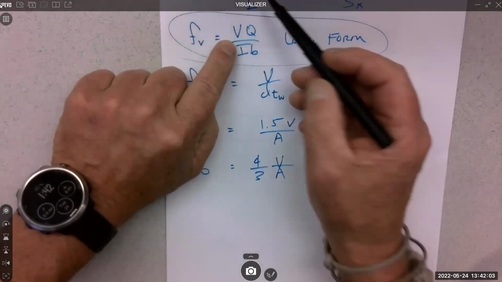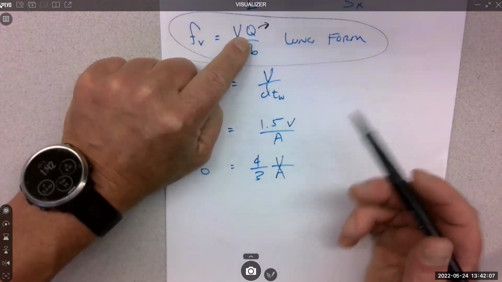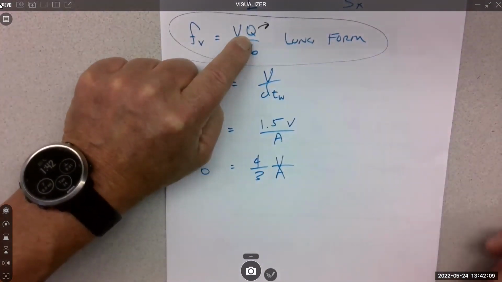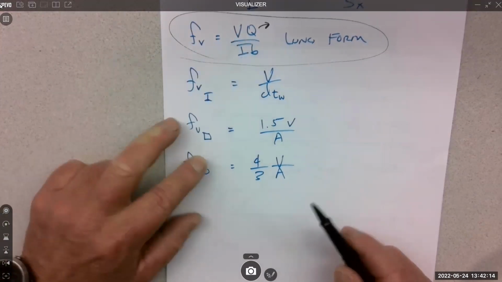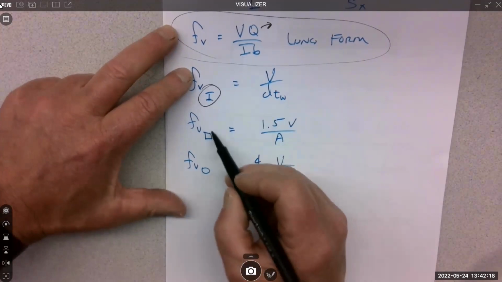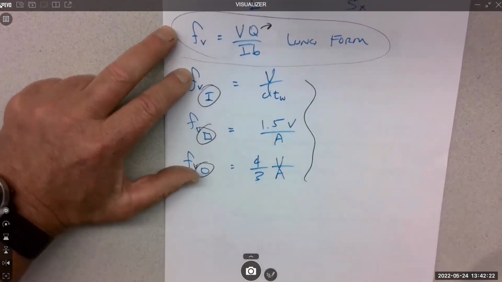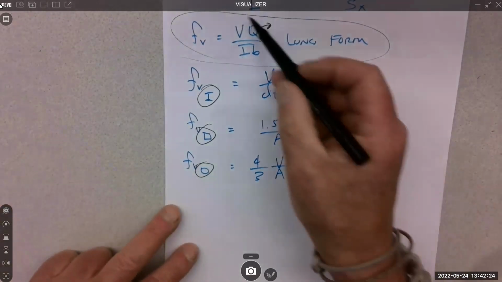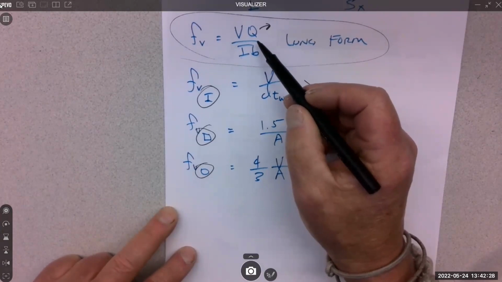Everything's pretty straightforward except for this Q thing. This Q is called the statistical moment. It's a little funky, but most of the time we don't have to use it. If you're working with an I shape or a rectangle or a circle, there are shortcut equations that get us out of having to run Q because Q is such a pain.